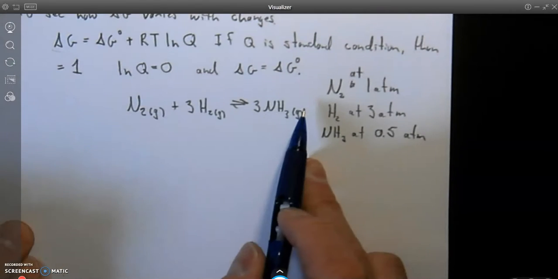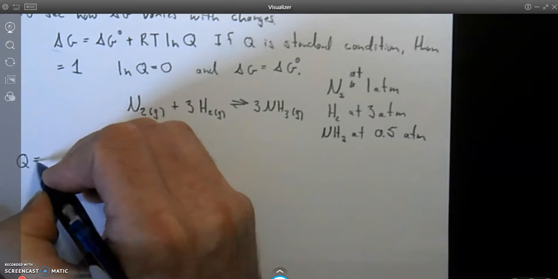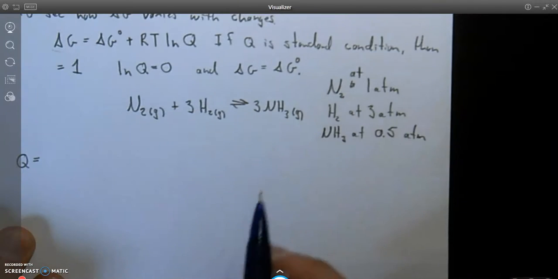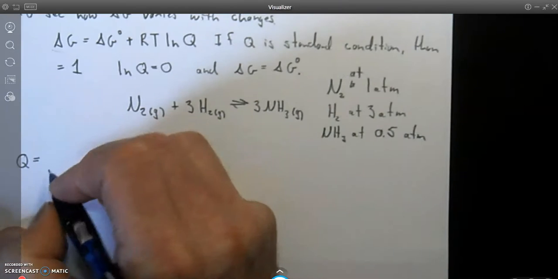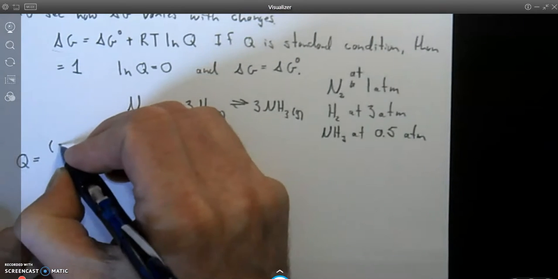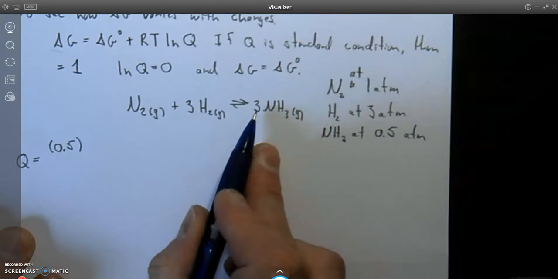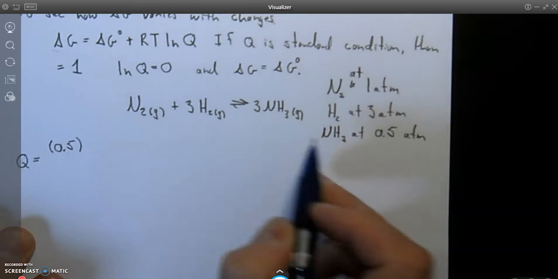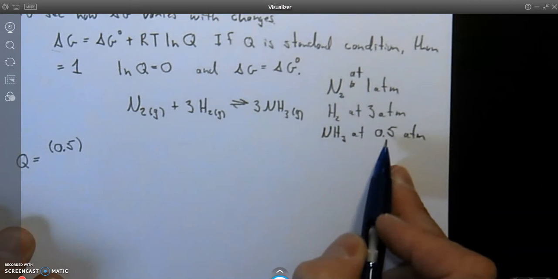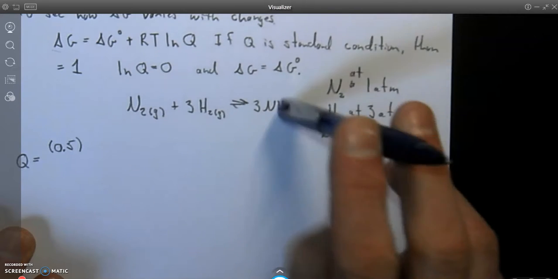So again, equilibrium stuff, we're pretty familiar with that. Q is going to be equal to products over reactants. Don't forget each one is raised up to its value based on the concentrations that I have for these guys. Ammonia is 0.5. Its coefficient value is 3, or excuse me, sorry, I put the wrong number here.